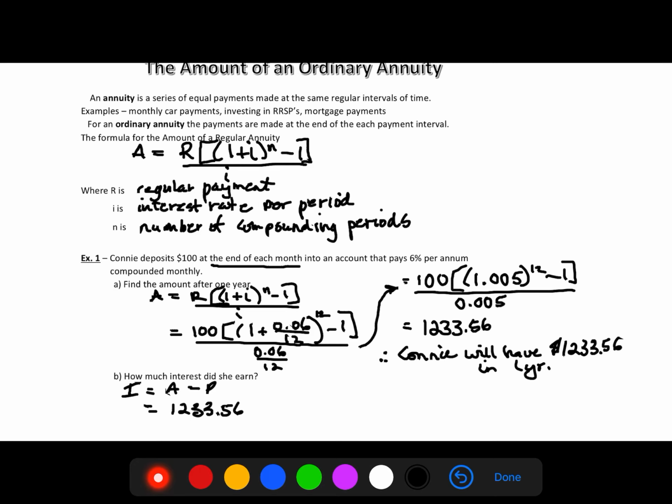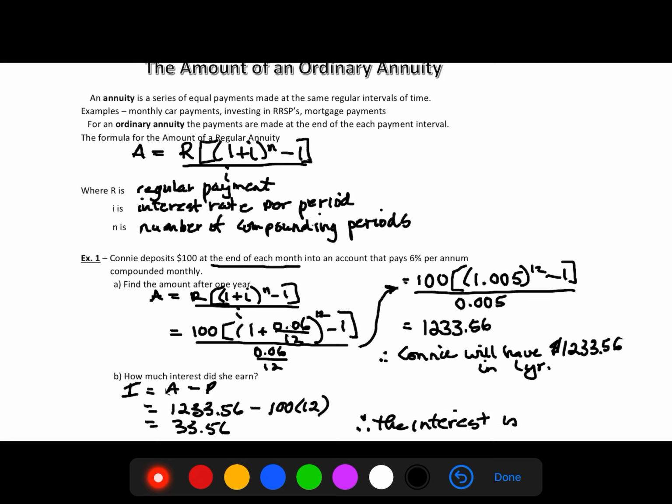Now, how much interest did she earn? Interest is still the difference between our amount and what we put in. Now, in this case, though, we have to keep in mind our amount is $1,233.56, but we didn't just put $100 in, we put $100 in 12 times.